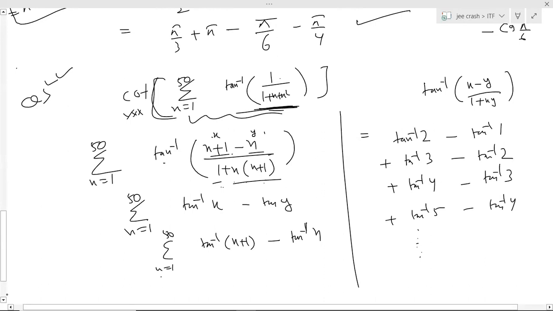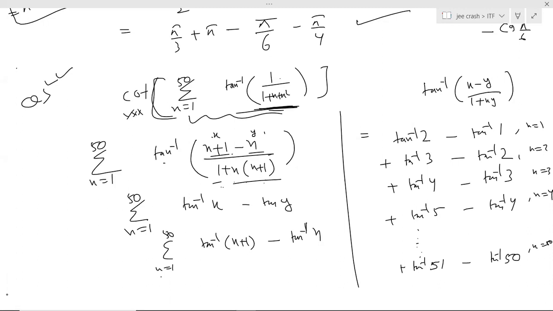And the last term would be tan inverse 51 minus tan inverse 50. Is it clear, everyone, what I did here? This is for n equals to 1, n equals to 2, n equals to 3, n equals to 4, n equals to 50. Right? Yes.